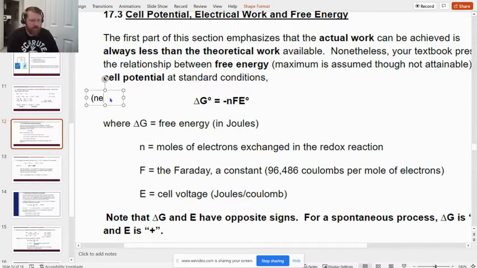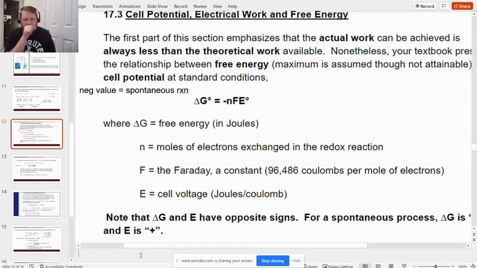You want a negative value equals spontaneous reaction. Ooh, that looks really gross. Oh, whatever. Okay. For delta G, a negative value equals a spontaneous reaction. Okay? So that was from the first half of the notes.